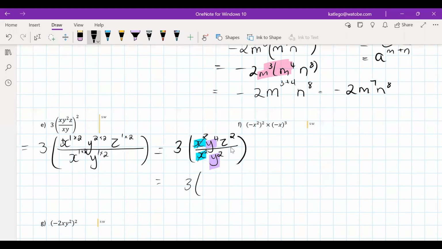Anything divided by itself is 1, it's gone. And with y, 4 minus 2 is going to give us 2, y to the power 2. And then the z, you just write it the way it is, né? Yes, because it doesn't have a partner.